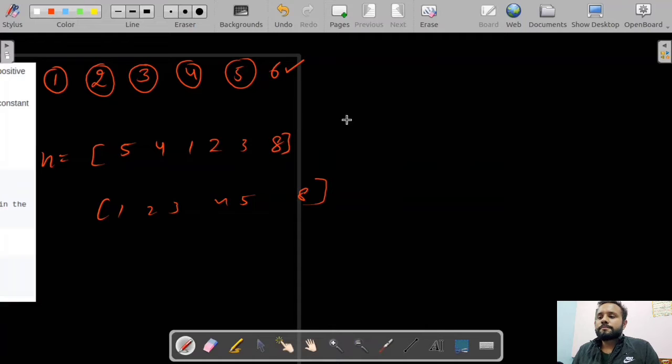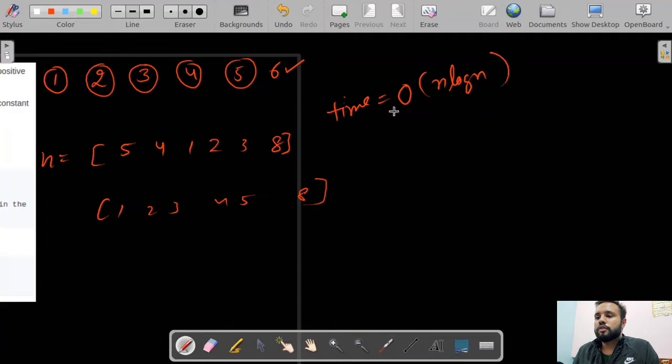Let's analyze time complexity first. To solve this, we need to sort the array, and the best sorting algorithm is, I think, O(n log n).